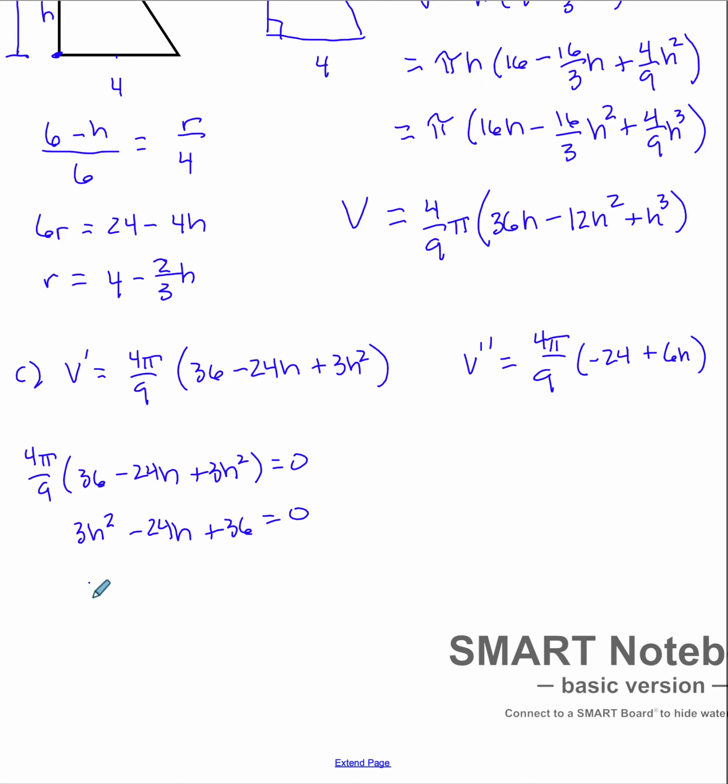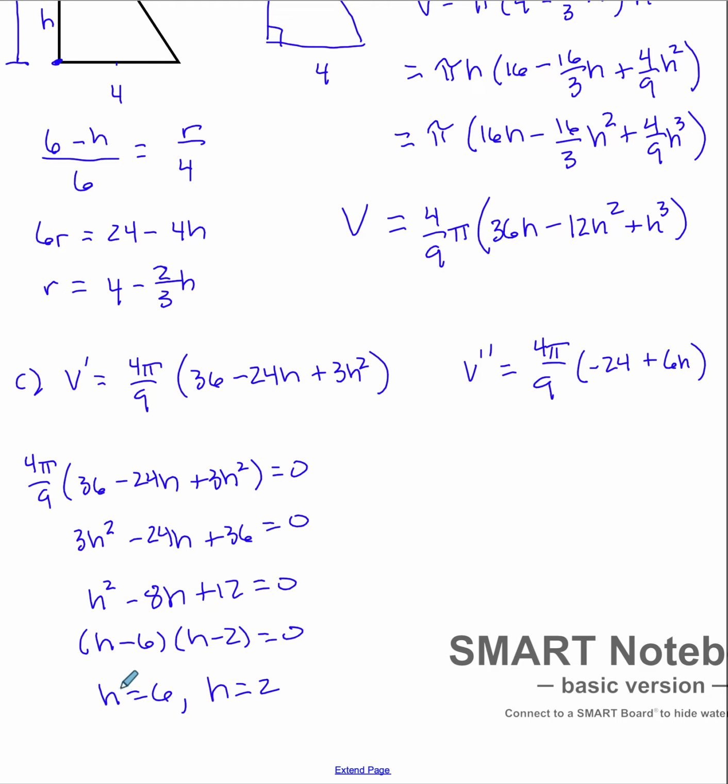Divide everything by 3, I get h squared minus 8h plus 12 equals 0. And if I factor that, it's h minus 6 times h minus 2 equals 0. So the height could be equal to 6, or the height could be equal to 2. So which one is it?